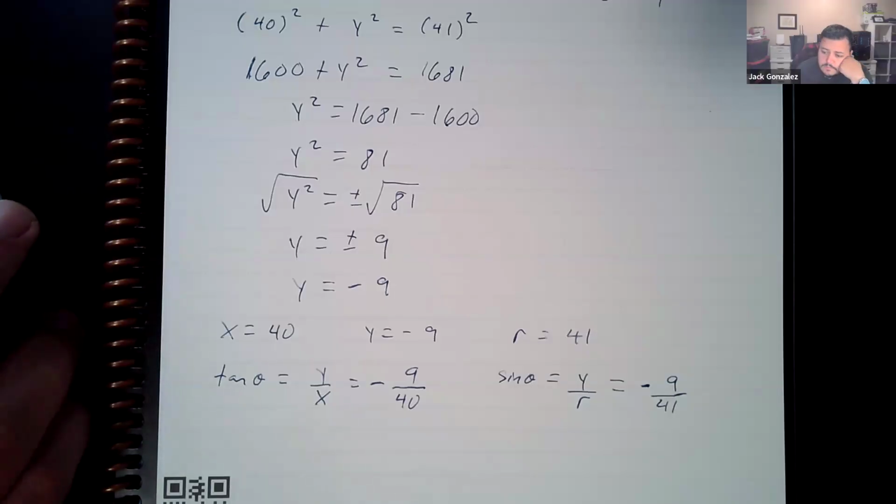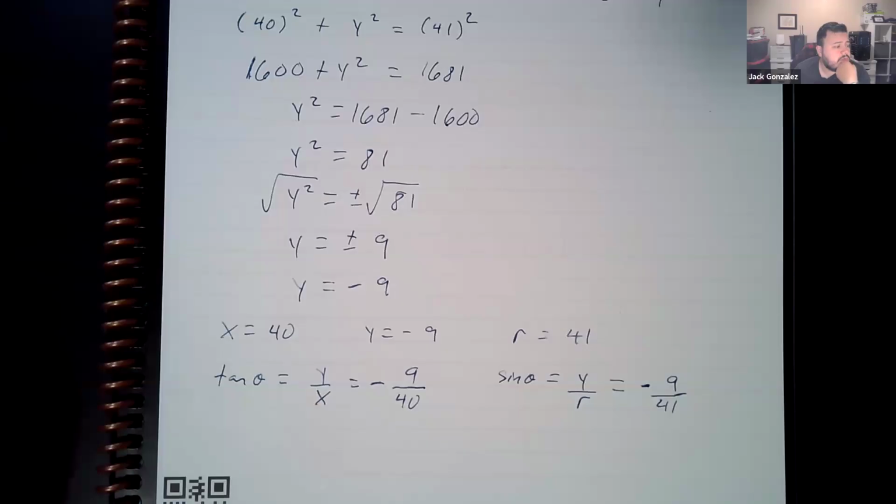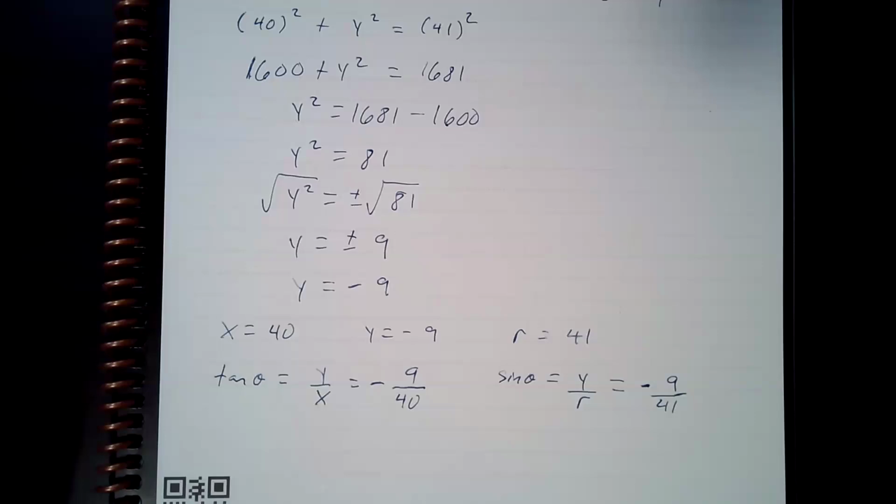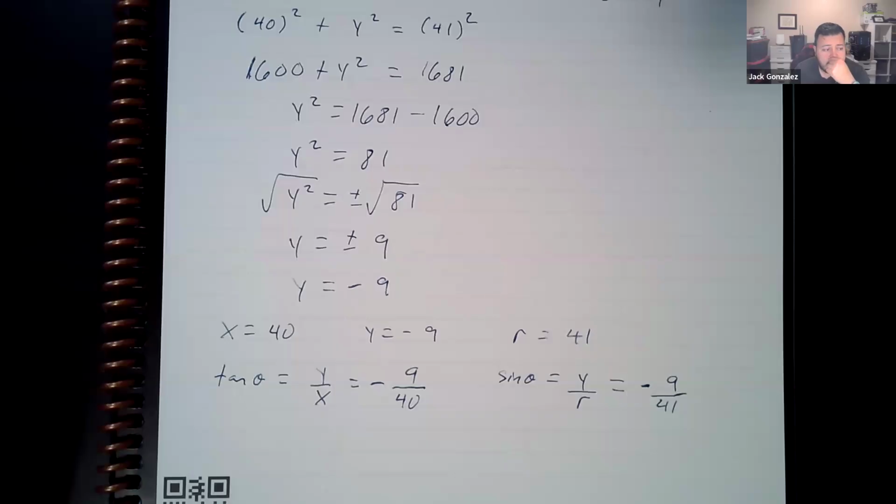There were still more questions in the message. Oh, let me see. About the tests, we haven't finished the material for the test yet. It'll be 4-1 through 4-6, and 4-7 will not be on the test.